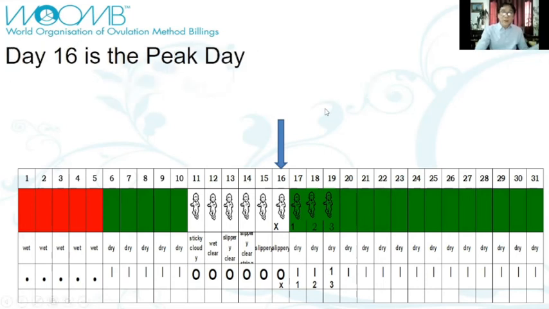Now, where is the peak day? The peak day is on day 16. Why day 16? Because day 16 is the last day of slippery sensation. Because after day 16, day 17 is no longer slippery. Day 17 is dry. So day 17 until day 31, it is considered to be the luteal phase.